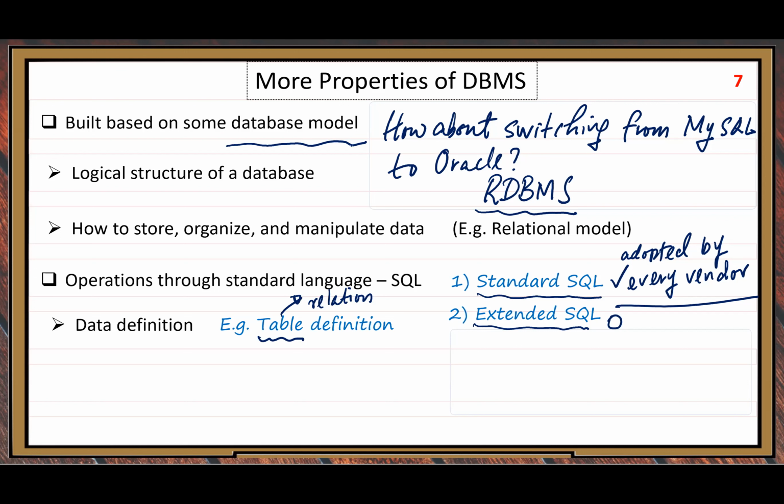Academia people created the database model first, then it was commercialized and implemented in the business world. So the terminology used in academia and the business world is different. The same concept in different places is called differently.